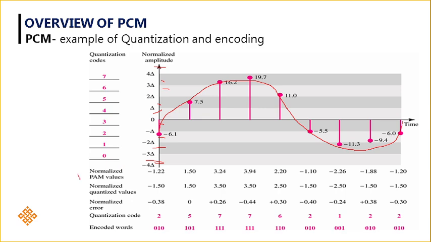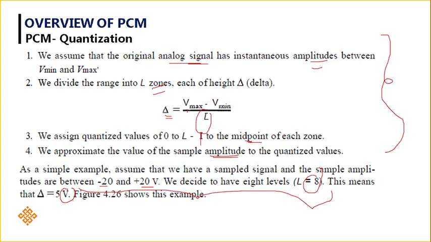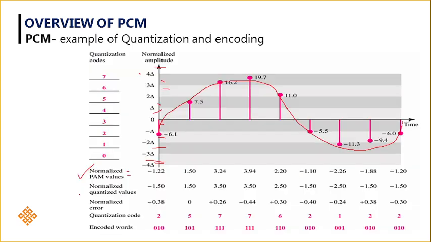So the first step is you need to find the normalized pulse amplitude modulation values. How to find it? This can be calculated as the amplitude values divided by delta. What is our delta? It is 5. So here, for the normalized PAM values, the first amplitude value is minus 6.1 divided by delta, which is 5.